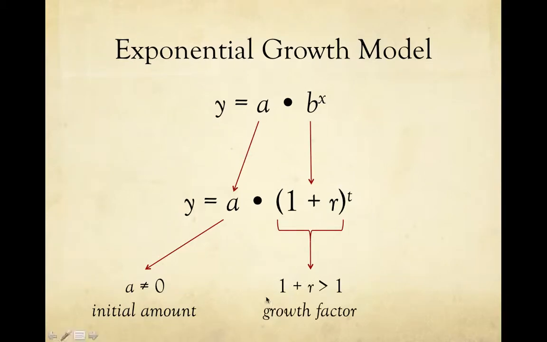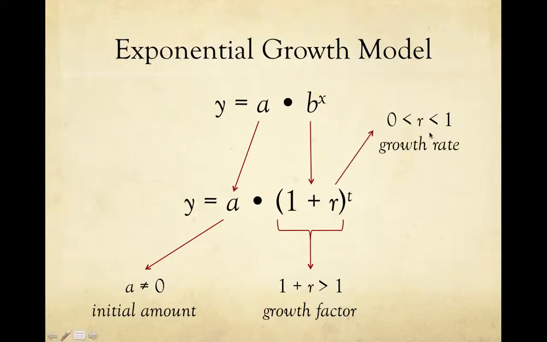What's inside of the parentheses, the 1 plus r, is still called the growth factor, just like the b was in our model in the last objective, because that's what's replacing the b in this new model. And to be a growth factor, that 1 plus r has to be greater than 1.